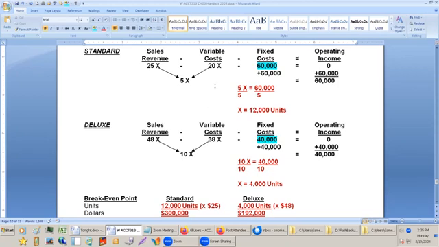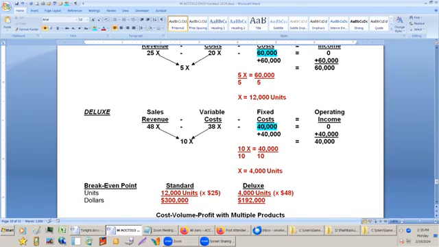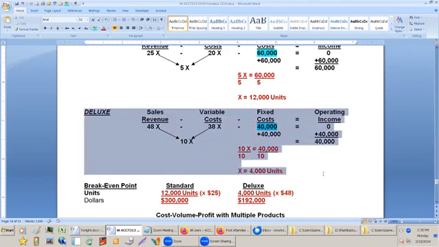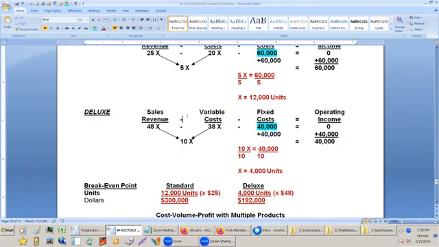By the way, if you're looking at the units, you could actually figure out the deluxe units without going through all this. If we look at the units sold, we could skip this whole second part. What do we know about the units sold?